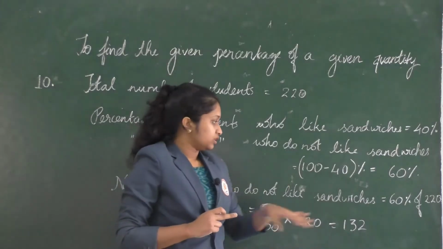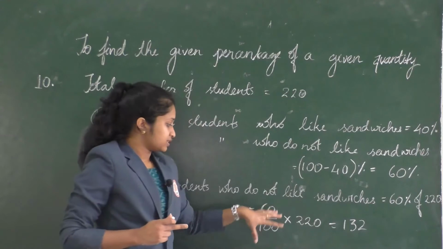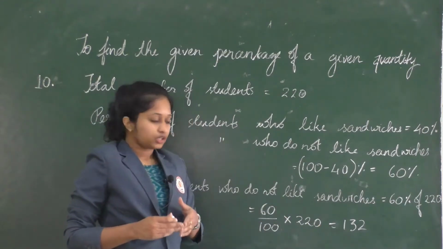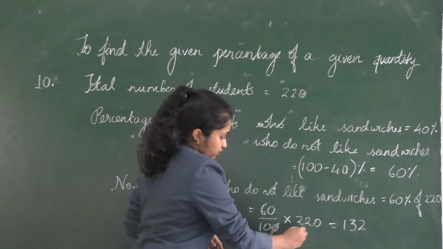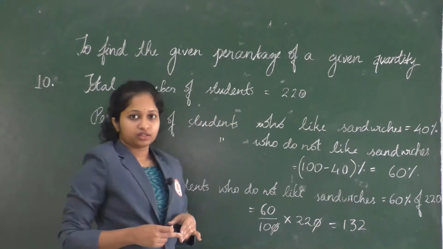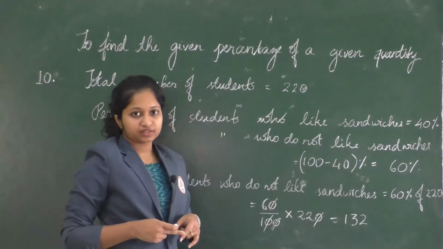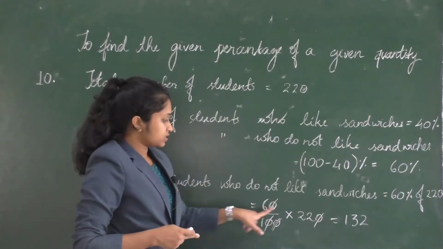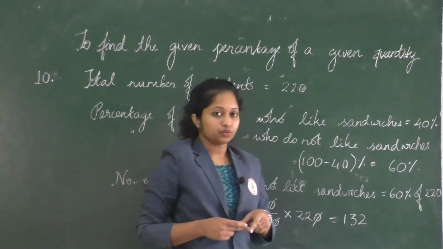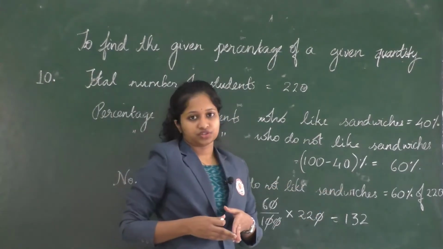How to find this? 60% can be written as 60 by 100 into 220. Now we can do cancellations. The two zeros we can cancel. Now 6 into 22 we get 132. So 132 students do not like sandwiches.